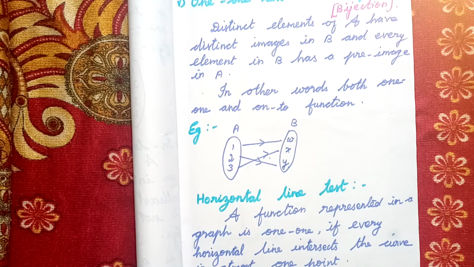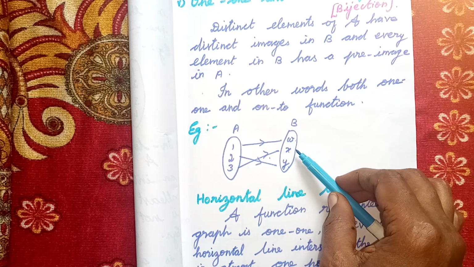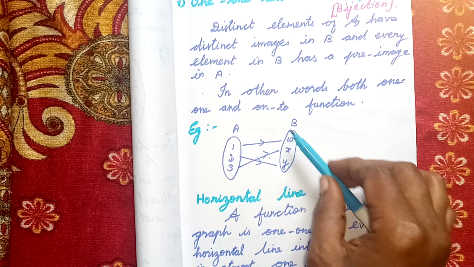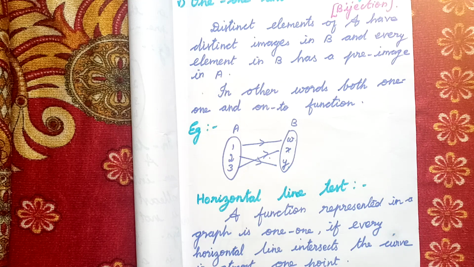Students, have you all understood about types of function? Is it a one-one function? Yes. Is it an onto function? Yes. Both together mean one-one and onto function. What is a one-one function?